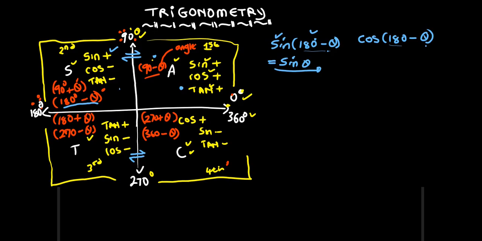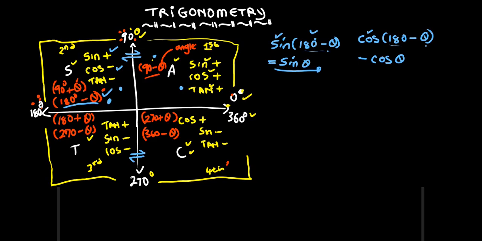No. Do we have it on the second quadrant? Yes, here it is. And then we check. In the second quadrant here, is cos positive or negative? We can see that cos is negative. It means our answer is going to be negative cos of theta. I hope I'm making sense.